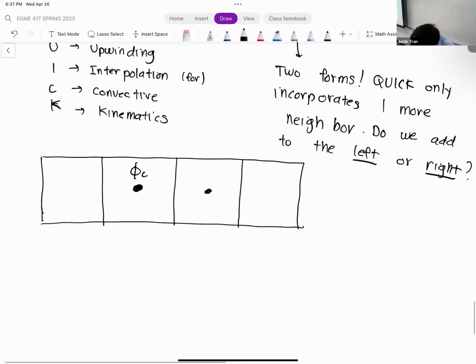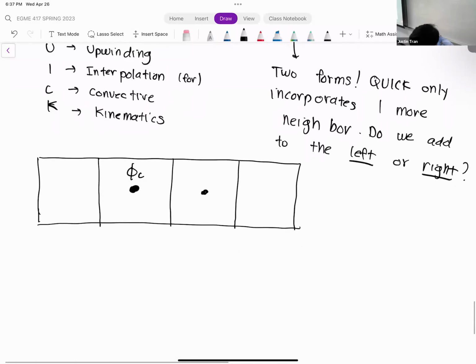We also have the east neighbor, phi sub big E. And we also have the neighbor that's two away, I'll call it phi sub 2e. But we're also going to have the west neighbor as well, phi sub big W.